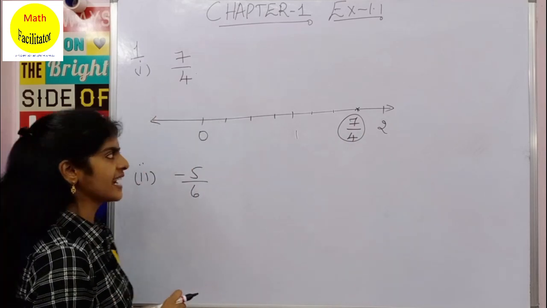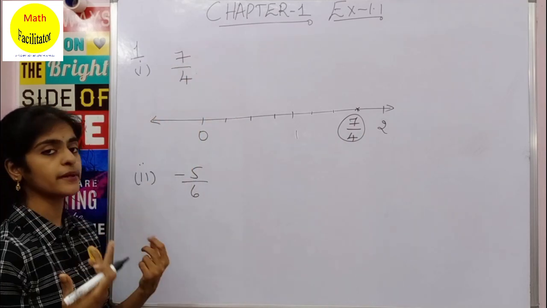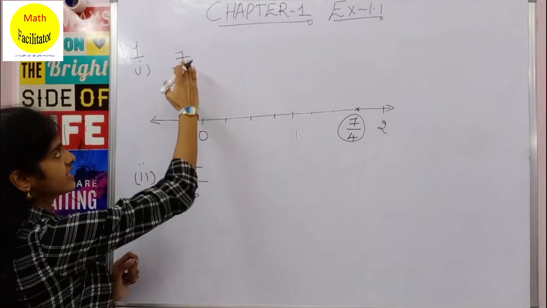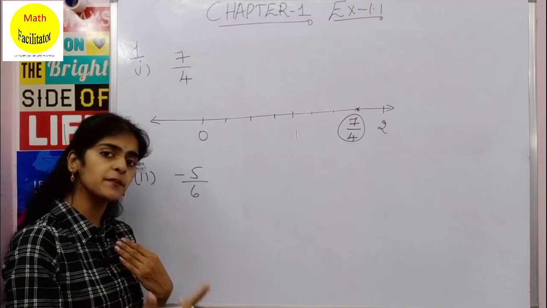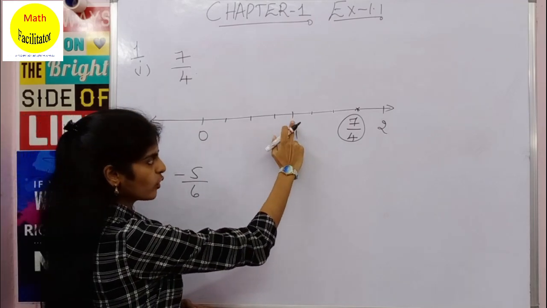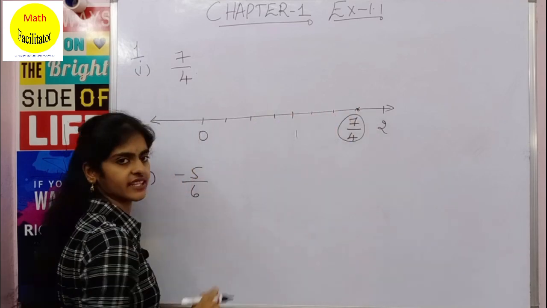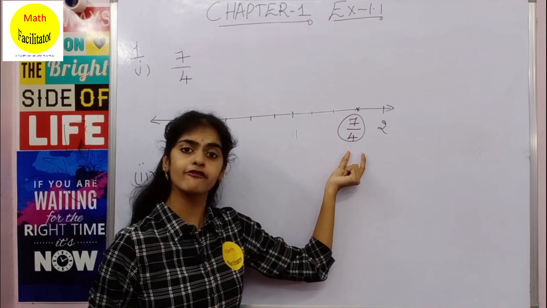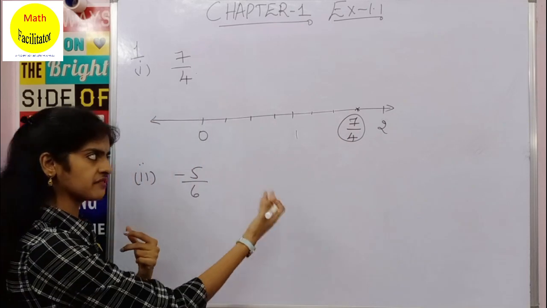And now the numerator tells you how many parts you have to take into consideration. It is 7, so you will take 7 parts into consideration. So 1, 2, 3, 4, 5, 6 and 7. This 7th part is nothing but 7 by 4. So this is one way of doing this.